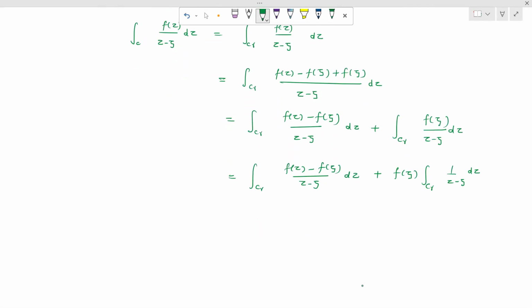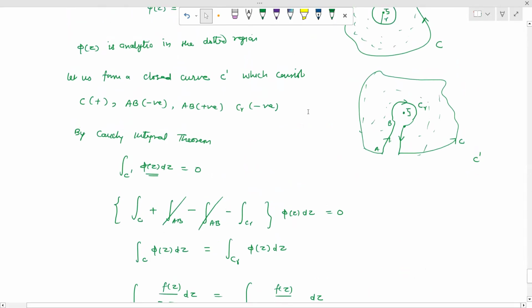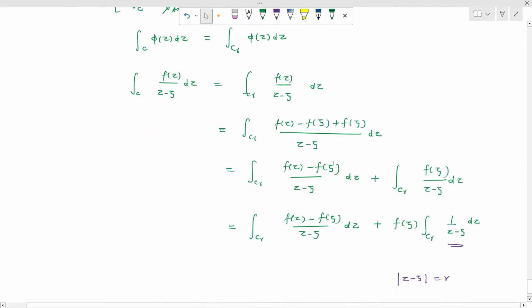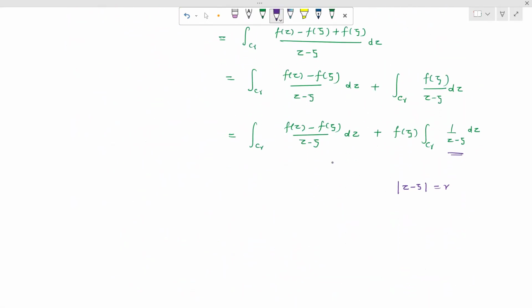तो नाउ अब इसको एक्सप्लेन करते हैं कि जैसे mod of z minus zeta is equal to r, कोई r रेडियस है जिसमें zeta any point inside the circle C, and where r is the radius. So the circle has radius r, mod of z minus zeta equal to r.